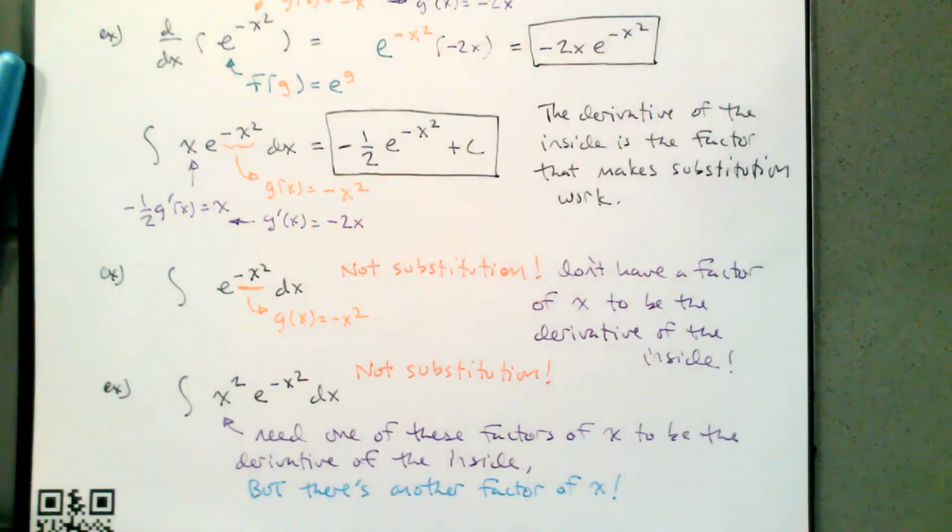So when we decide what we want to be the inside, we have to look for the derivative of the inside as a factor in the integral to make substitution work. If we don't have that, then we have to do something else, but it will not be substitution.